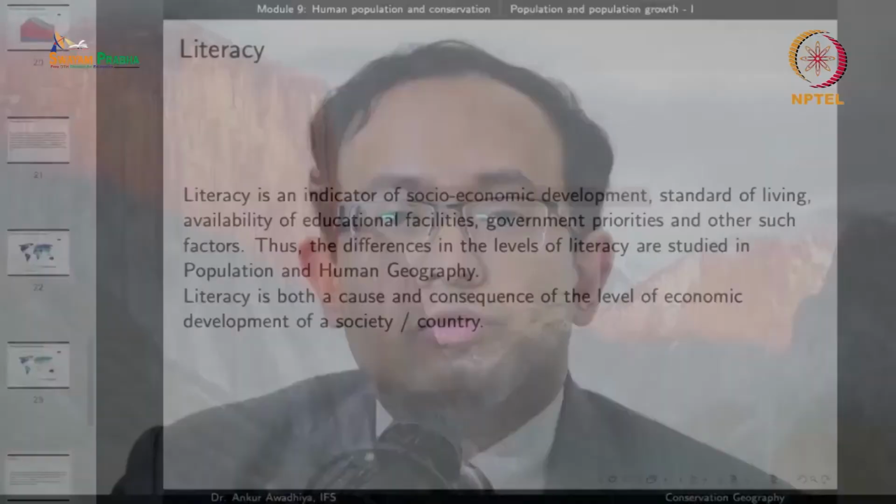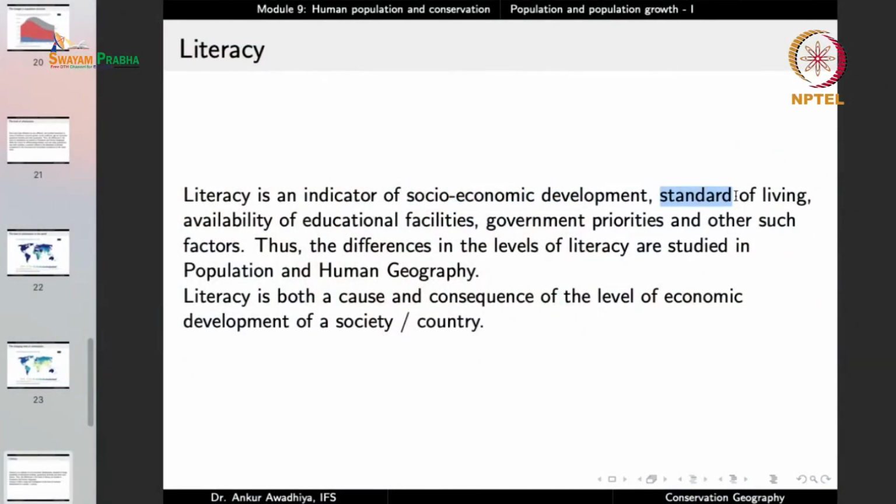Now, when the level of socio-economic development increases, parents tend to put even more emphasis that their children should study. And so this brings in a virtuous cycle. Once you make a society literate, the level of socio-economic development would increase, which would make it even more literate, and so on. It is also an indicator of the standard of living, because areas that have better socio-economic development also tend to have better standard of living.